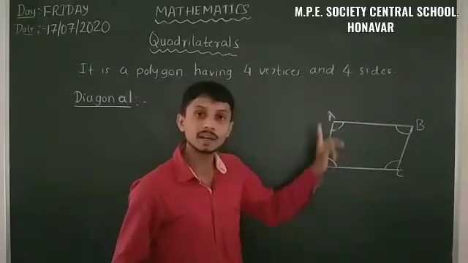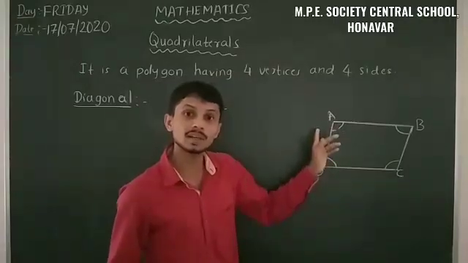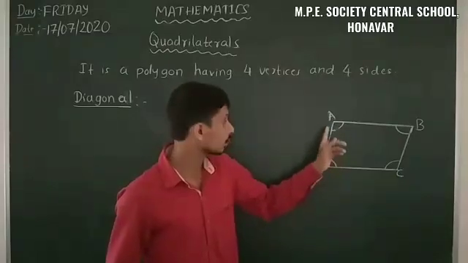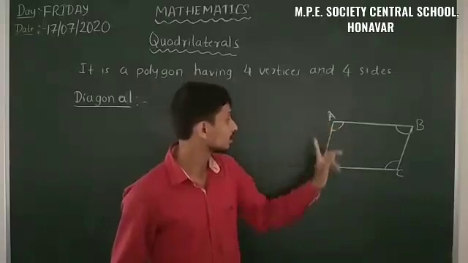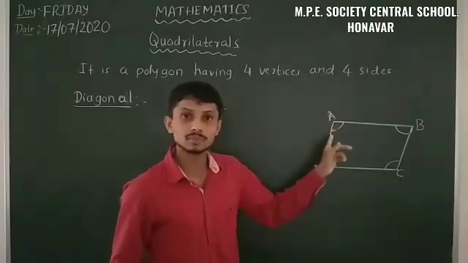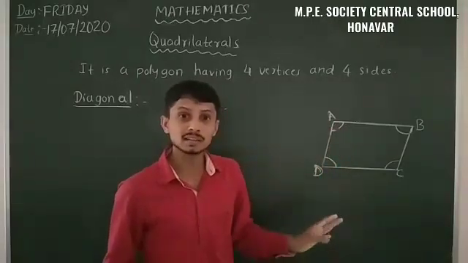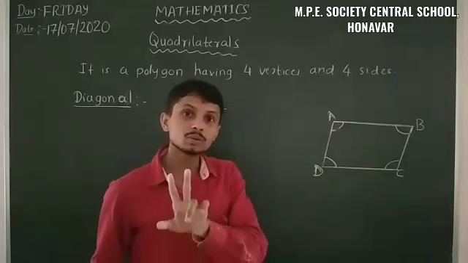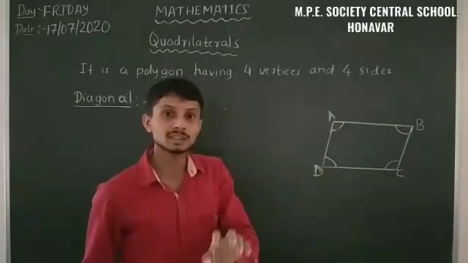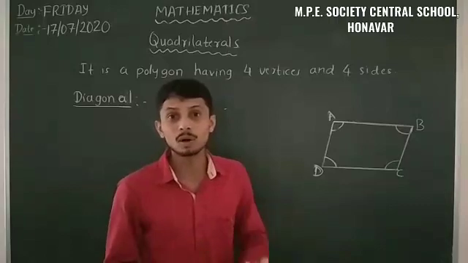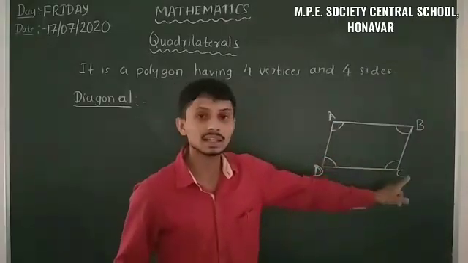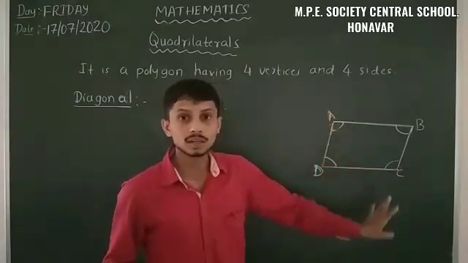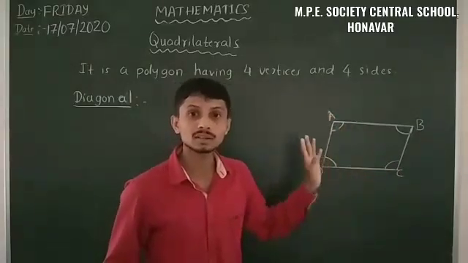A and D are vertices having a common side AD. So we have to take two non-consecutive vertices, that means they don't have any common side. A and C are two vertices having no common sides here.